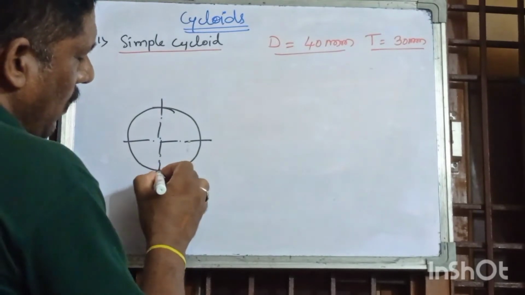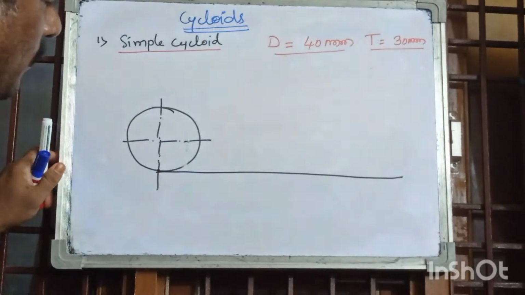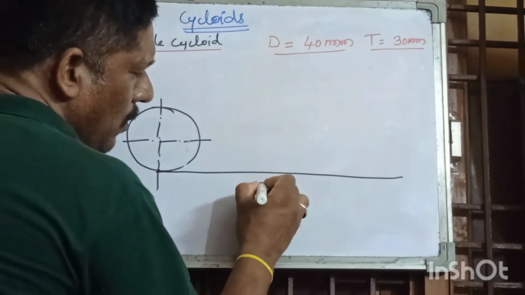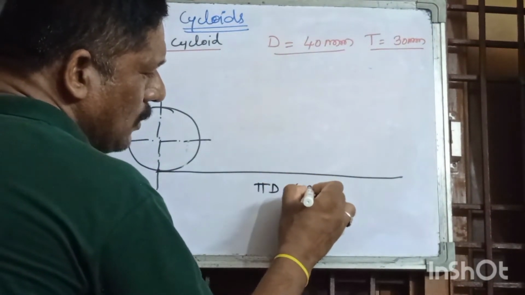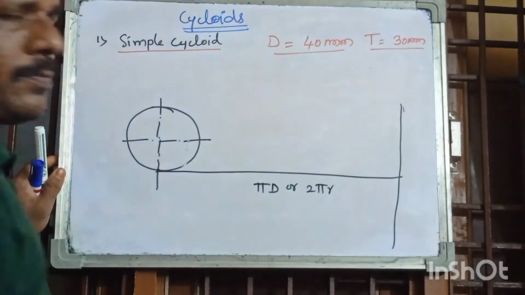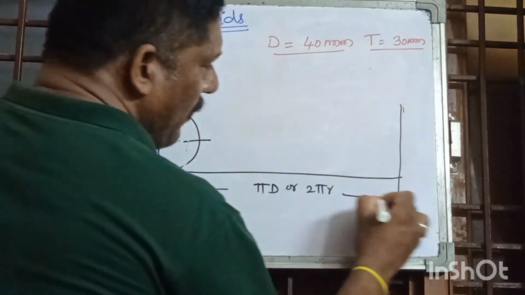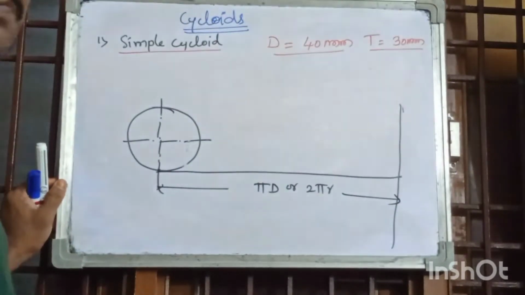From the starting point, draw the ground or horizontal line, and the length of the line is equal to pi d, or 2 pi r, for one full complete revolution. This is the end point, and this total length is pi d.